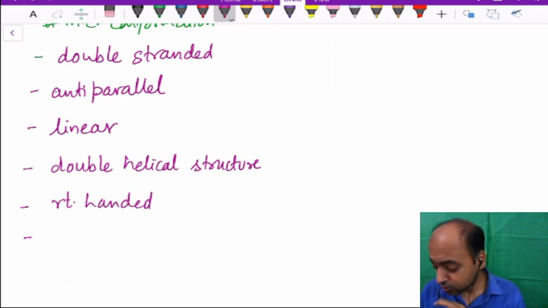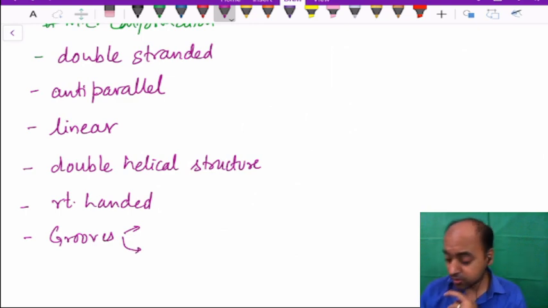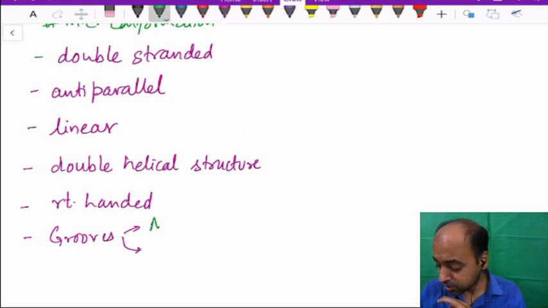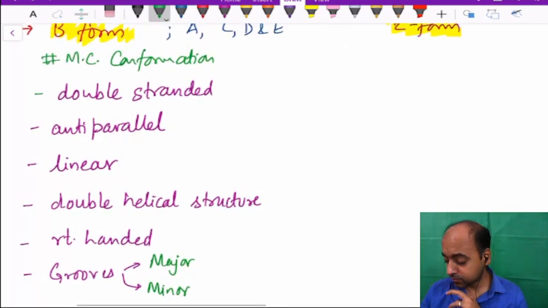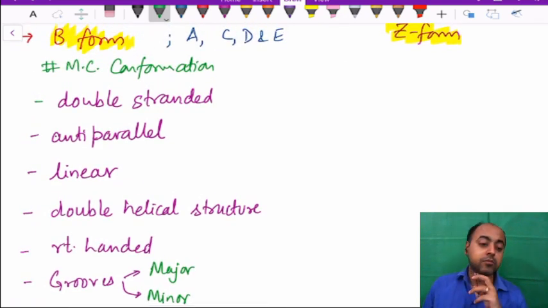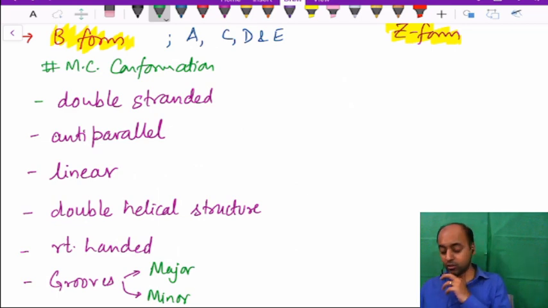Lastly, it shows the presence of grooves, the major and the minor grooves. So the B form: double stranded, antiparallel, linear, double helical structure, right-handed, showing the major and the minor grooves.